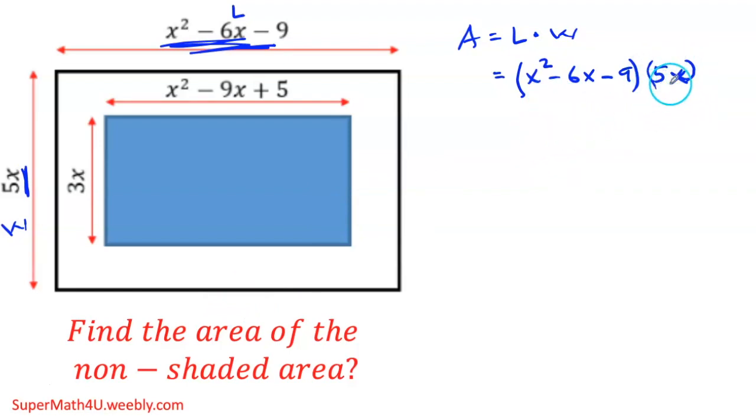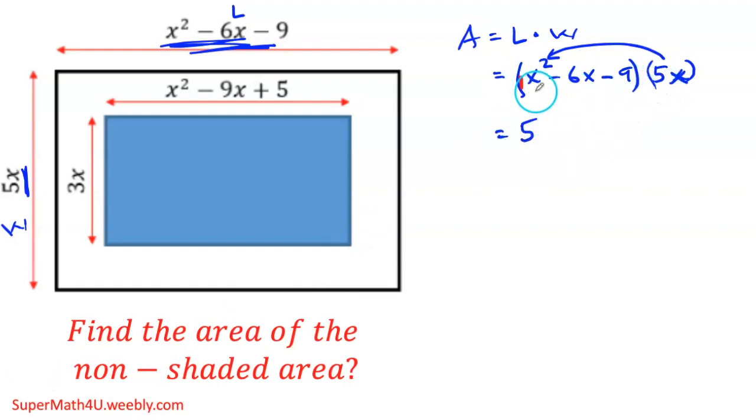If I only have one term in one of the polynomials, and then two or more terms in the other one, I can distribute. Because I only have one term here, I can distribute it times each one of them. So 5x times x squared is going to be, remember, technically you have a 1 over here, right?